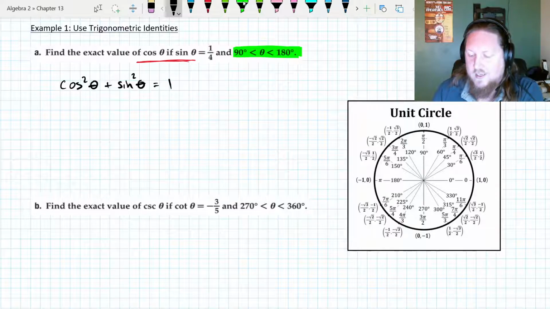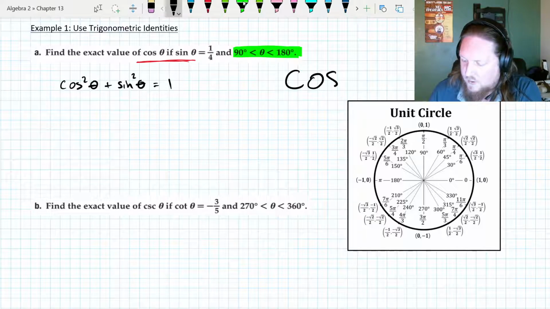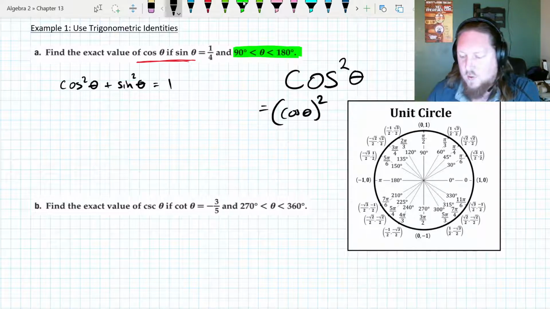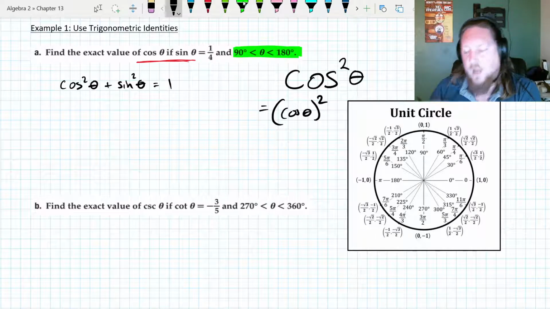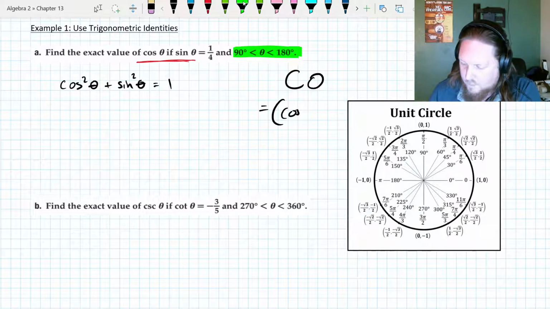One important thing here, I'll write a little bit larger so it's easier for you to see. When I am using cosine squared of theta, what that means is I find whatever number cosine of theta is, and then I square it. So I evaluate the cosine, and then I square it. That's what that means.